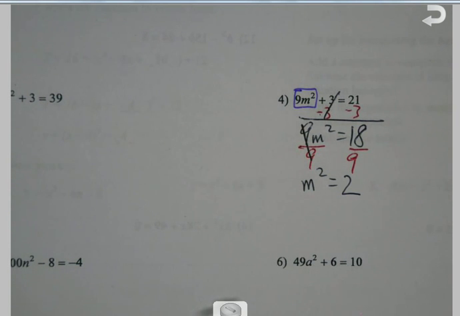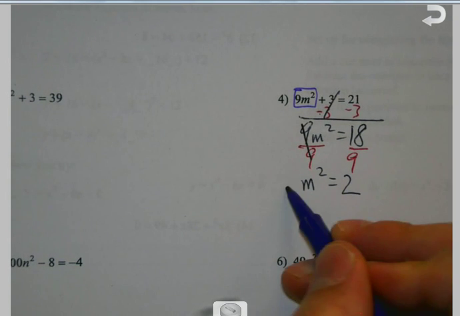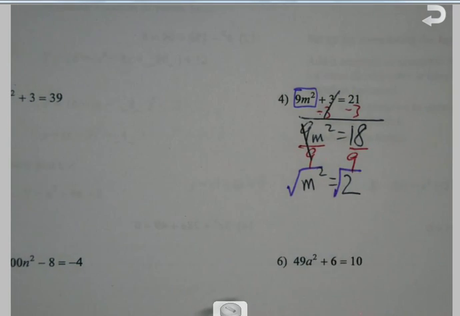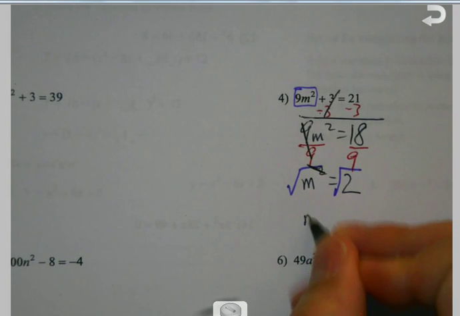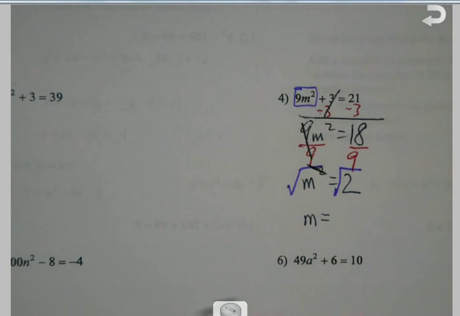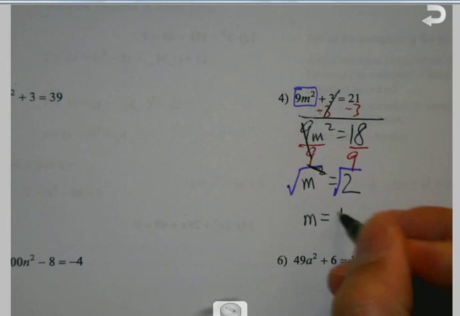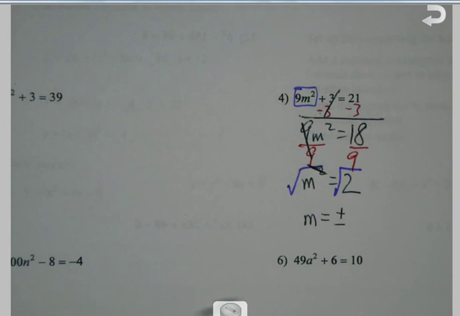Now, reminders. When I get to my last step and I take the square root, because squared and square root are inverses, the squared reminds me there are 2 answers, which means I have to have plus minus. I also want to make sure I can't break my radical down.